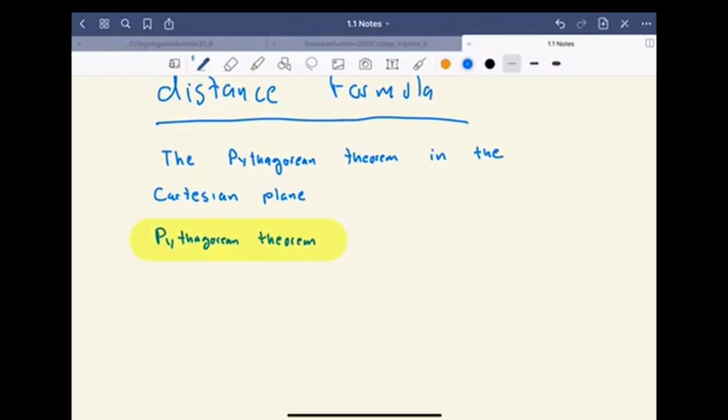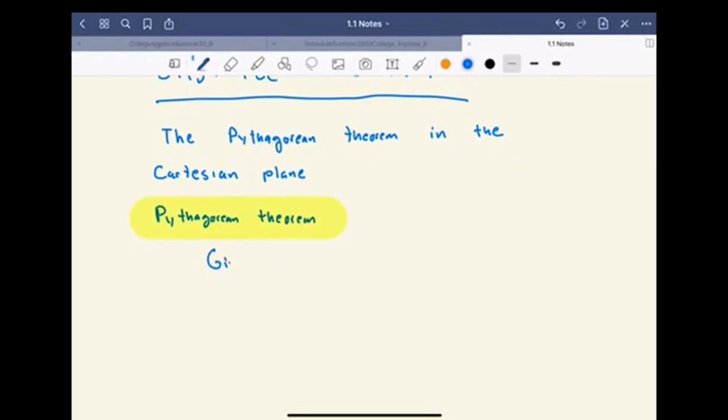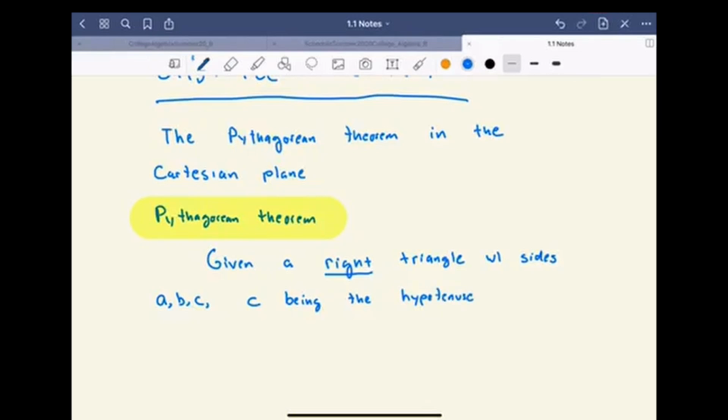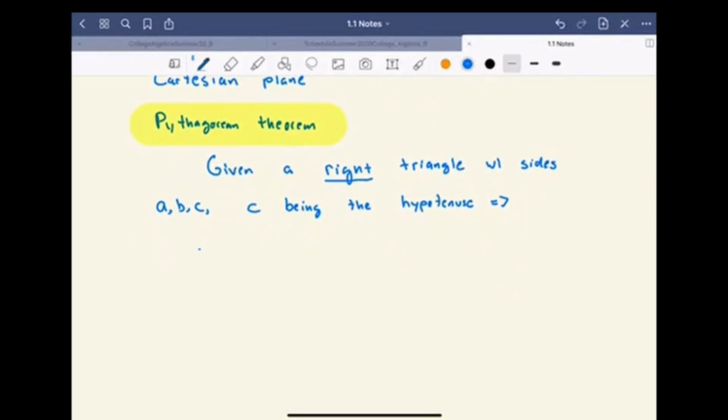All right, given a right triangle. Okay, the Pythagorean theorem requires that you're using a right triangle with sides A, B, C, C being the hypotenuse, then A squared plus B squared equals C squared.